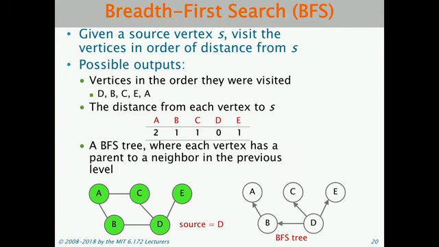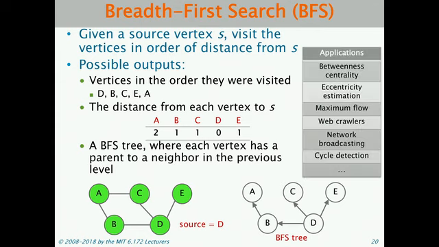So here's an example of a breadth-first search tree. And we can see that each of the vertices has a parent whose breadth-first search distance is 1 less than itself. So the algorithms that I'm going to be talking about today will generate the distances as well as the BFS tree. And BFS actually has many applications.